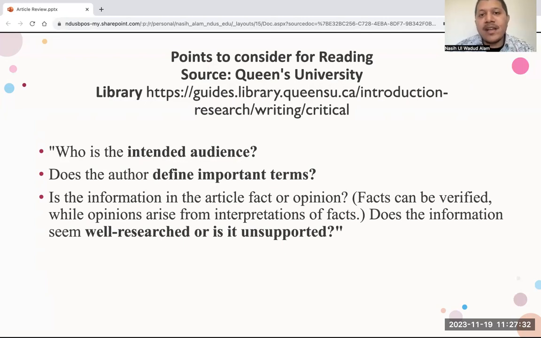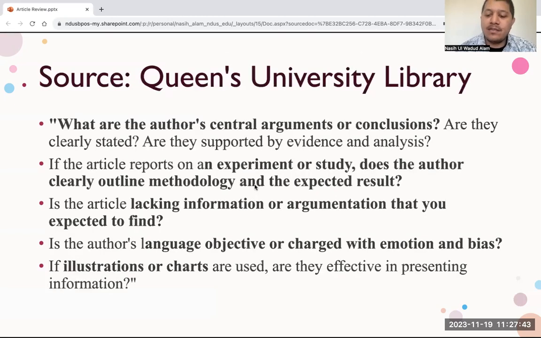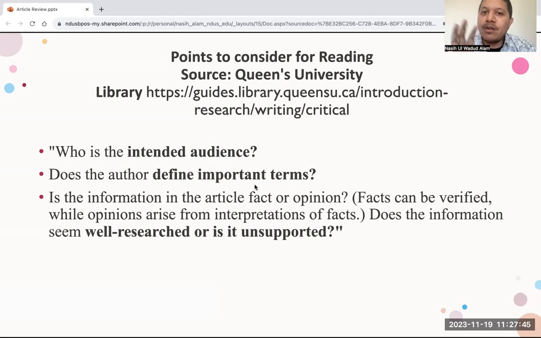So while reading, you need to understand who the targeted audience is. Sometimes you come across difficult terminology. Some writers do not discuss it, some define it. So you need to see whether the writer is defining the key terminology or not.